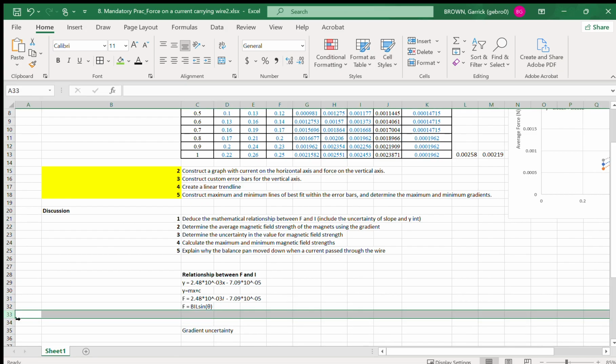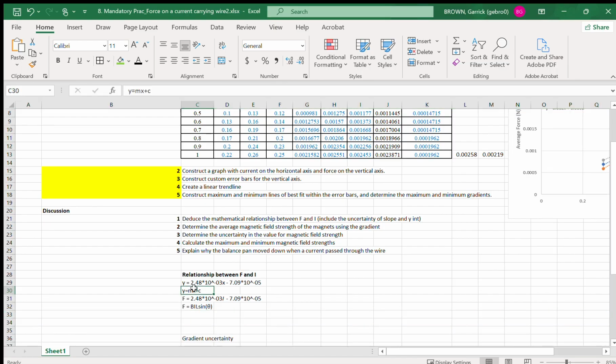That means if we were to relate our formula to the equation of the line, we could say that our gradient, I'm going to rewrite this and say that force is equal to magnetic field strength multiplied by length multiplied by sine of theta, and then that's multiplied by I. Well, this here looks like the gradient.